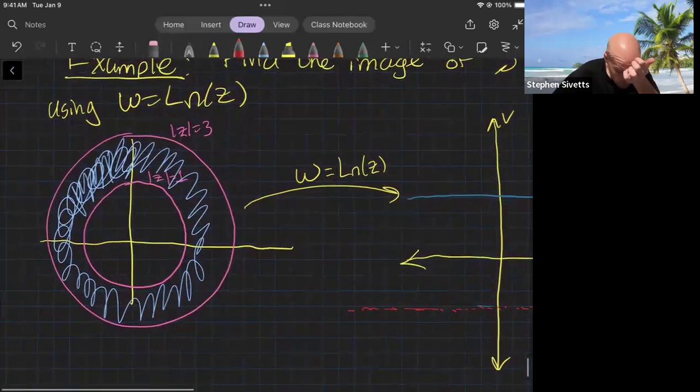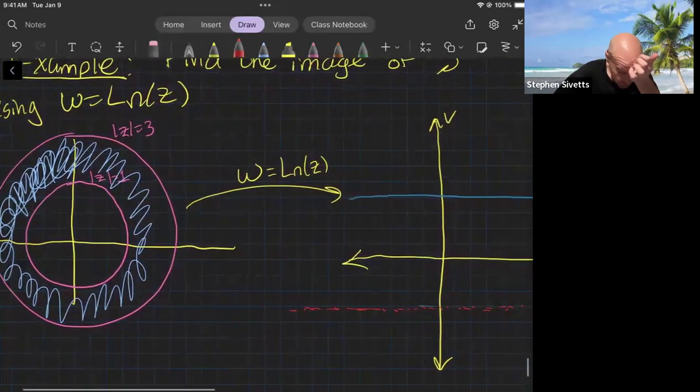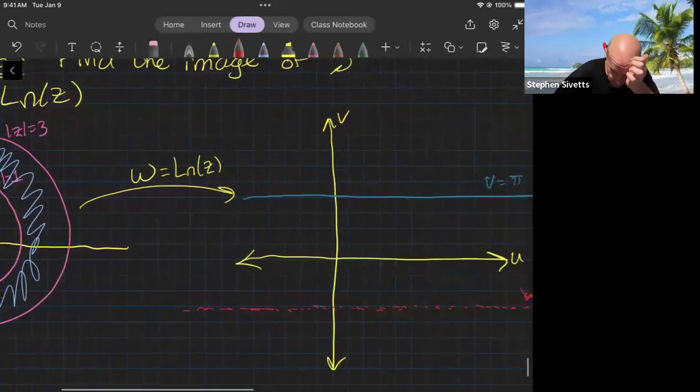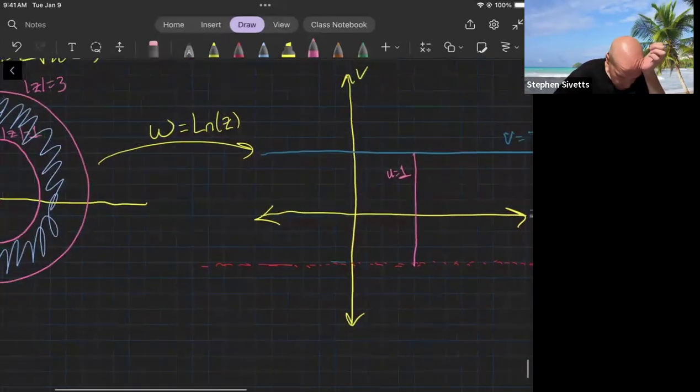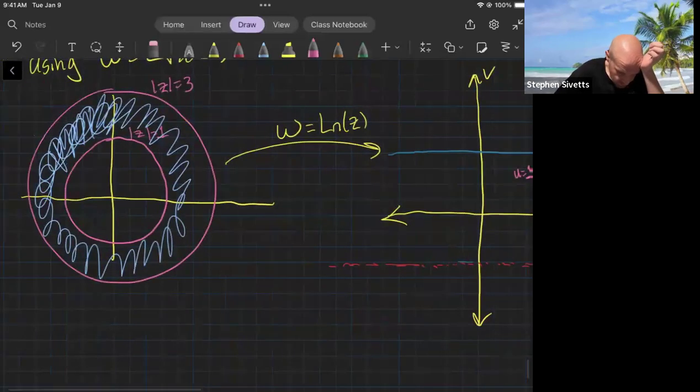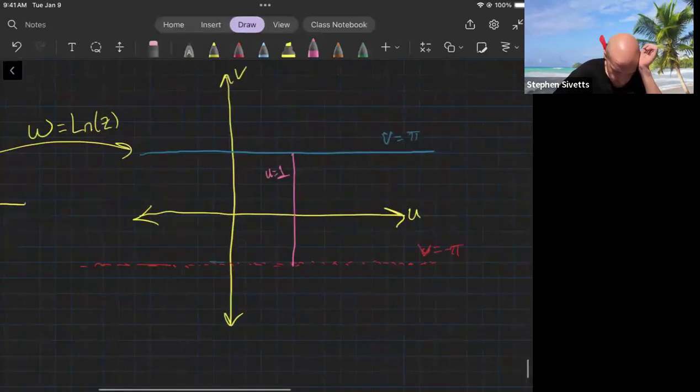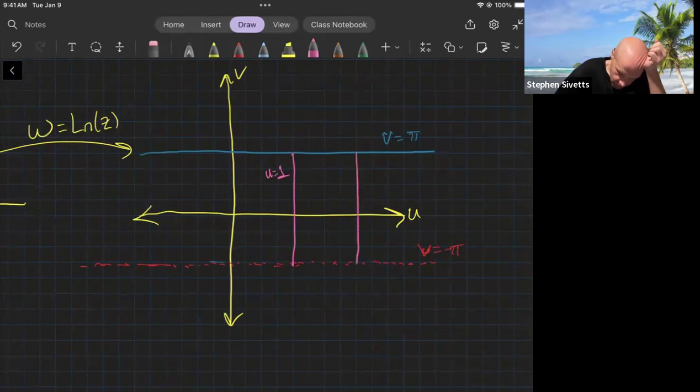Okay, so we start off at the circle of radius 1. That corresponds to a vertical line segment at u equals 1. And then we'll have the outer circle with radius 3, and that will correspond to another vertical line segment where u is 3.